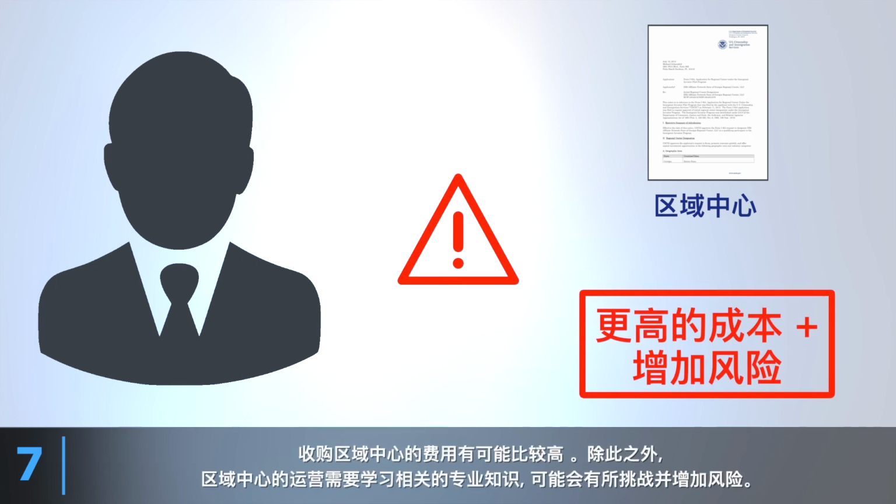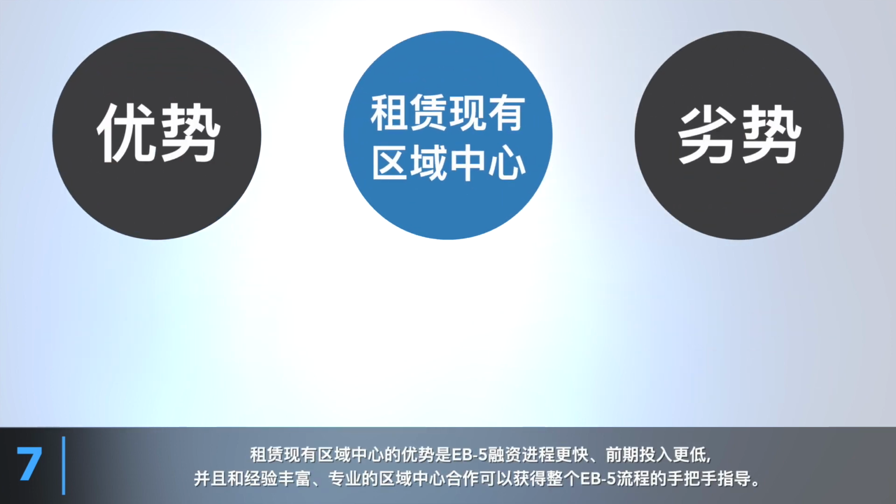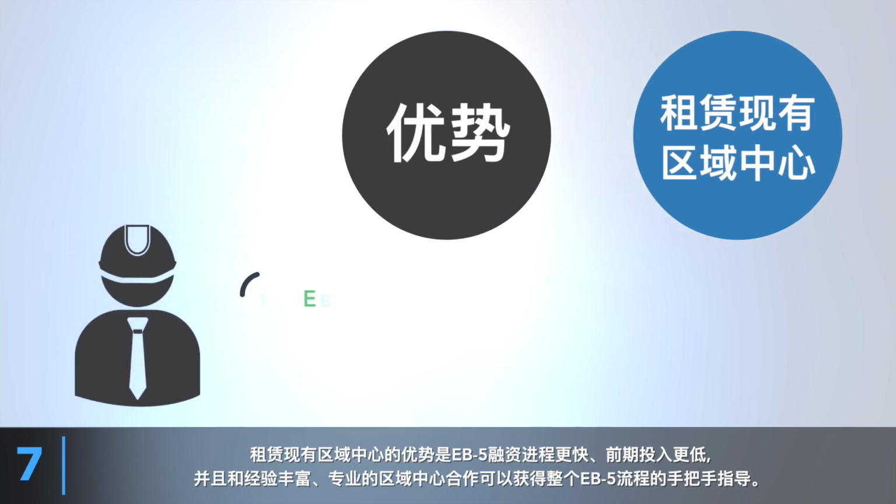The cost to buy an existing regional center, however, may be high. Also, operating a regional center requires learning a specific domain of knowledge and skill set, which may prove challenging and increase risk.